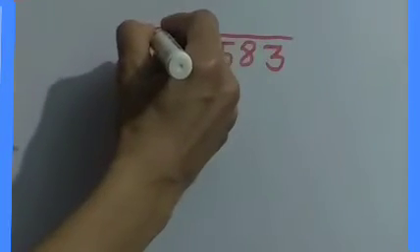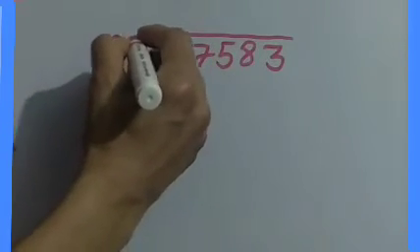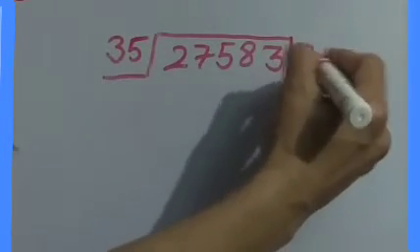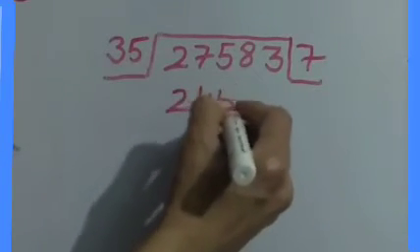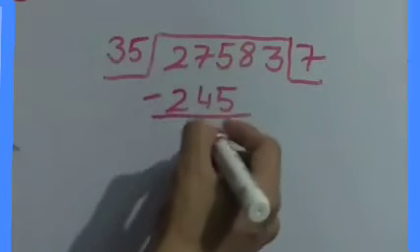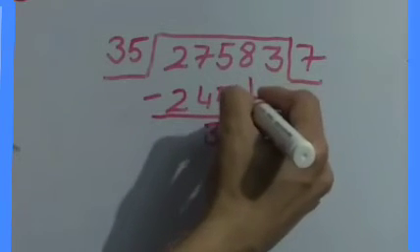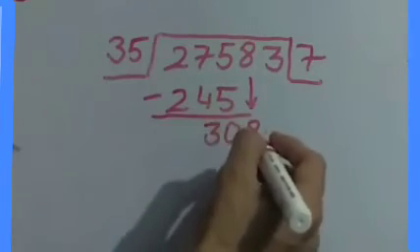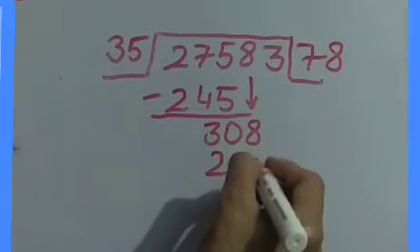I'll divide this 27,583 by 35. First I'll take 7 times. So 35 sevens are 245. So 245 subtracted from 275, the remainder is 30. 8 I'll carry down. So now 308. So 35 8s are 280.